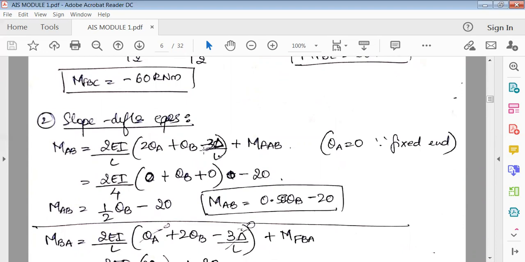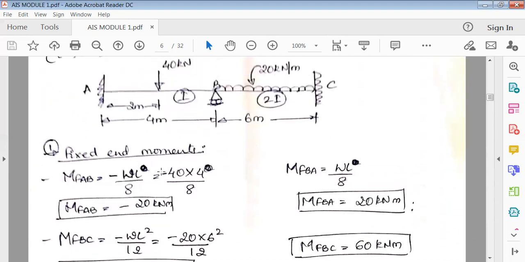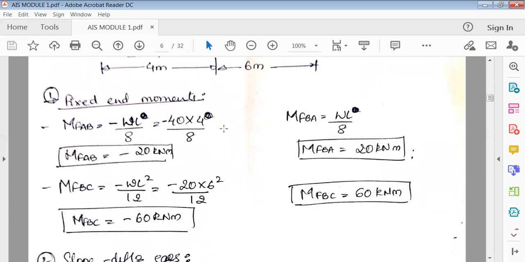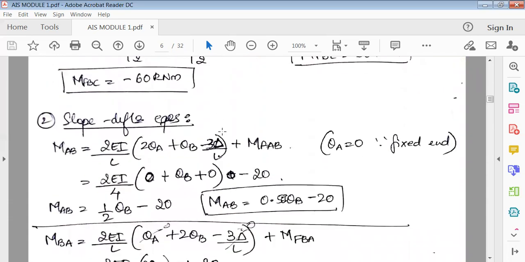Now what exactly this 3 delta by L indicates is, delta is a settlement. Settlement is sinking of the support. In the given problem, nowhere in the question do they mention that any support is sinking, whether A, B or C. So with this data, no support is sinking, that is, there is no settlement.